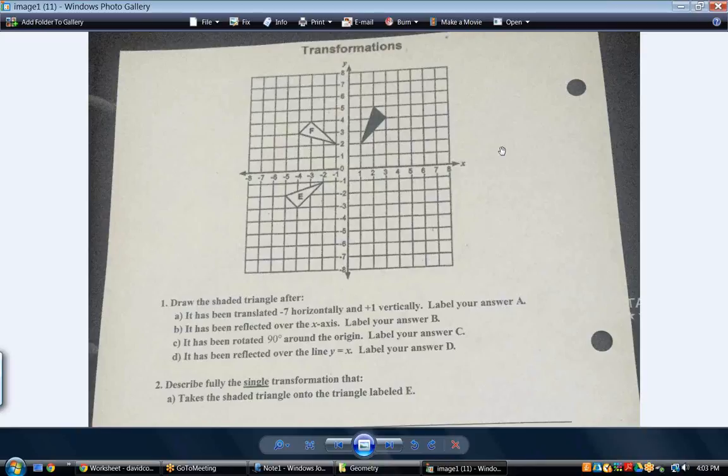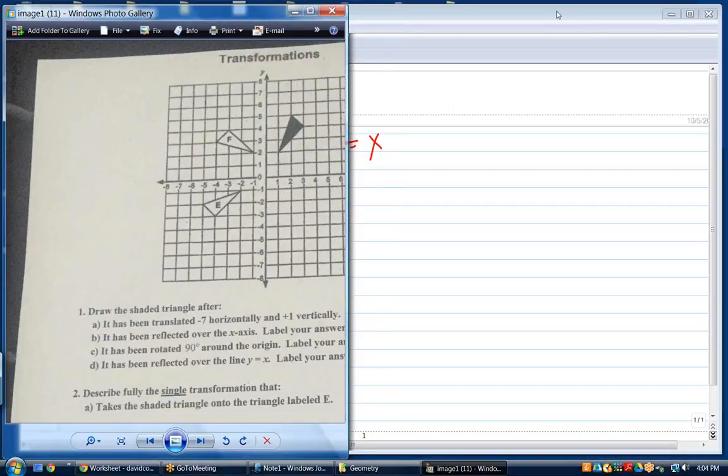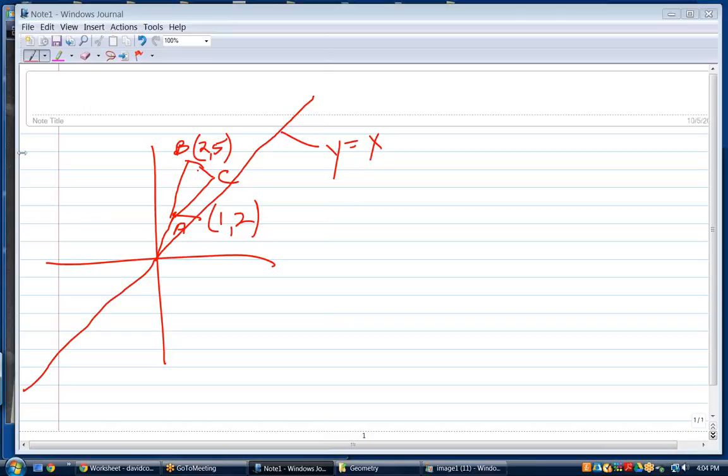If I do a reflection over the y-axis, this point becomes that point, which means I got to move it down 3 to get to this one. And this point becomes that point. Ooh, no, that's not going to work. No, translation doesn't work. Let's see if we can figure it out by putting coordinates on it.